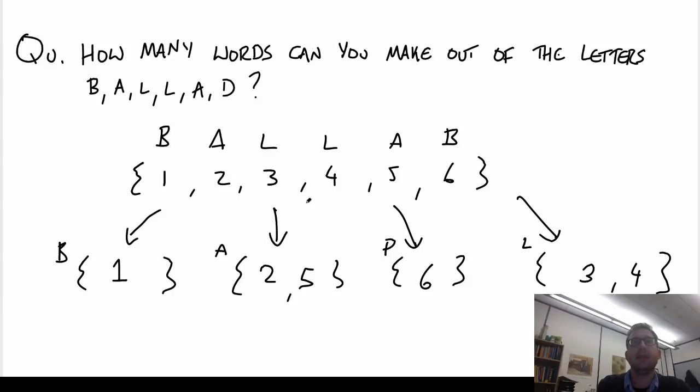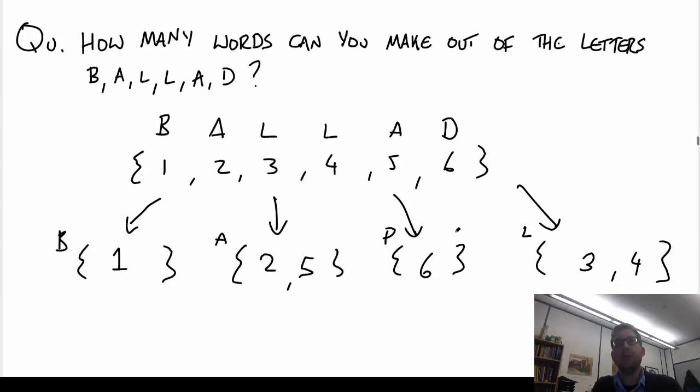We give 1 to B, 2 to A's, 1 to D, and 2 to L's. Work out all the ways we can split up in doing this. Sorry, that should be a D. That'll give me all the ways I can rearrange these letters.